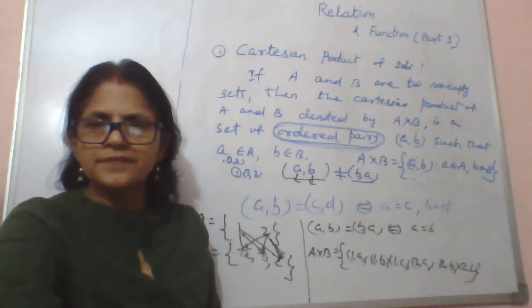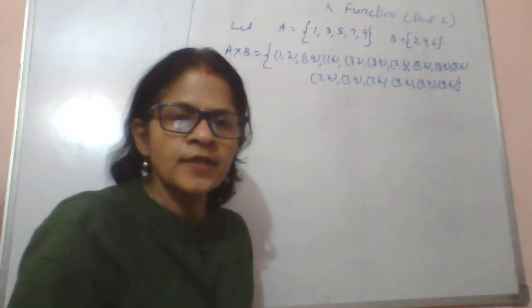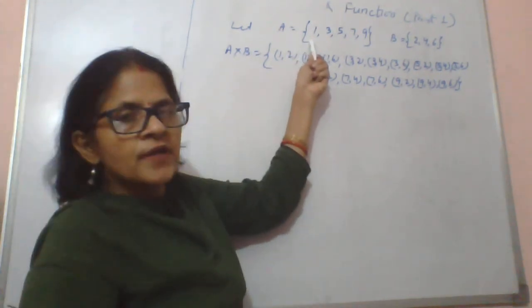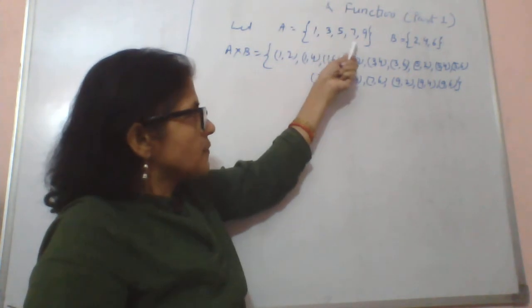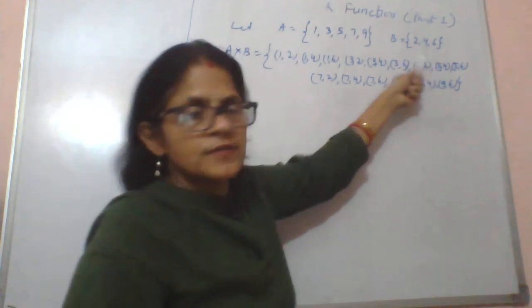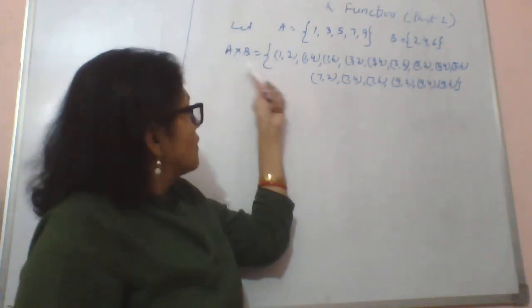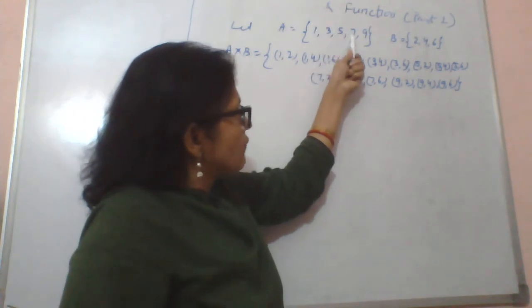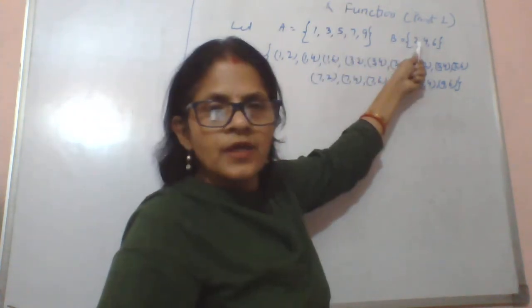Is it clear? So taking this example, see, we have taken A is the set containing 1, 3, 5, 7, 9. B is the set containing 2, 4, 6. So if I find A Cartesian product B, so here you see 1, 2, 3, 4, 5. Here you have 3 elements.